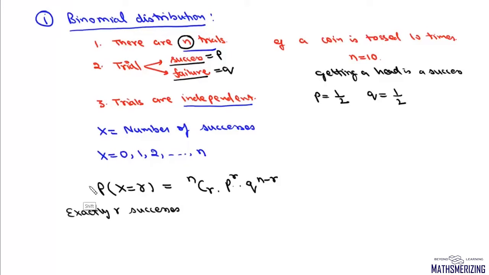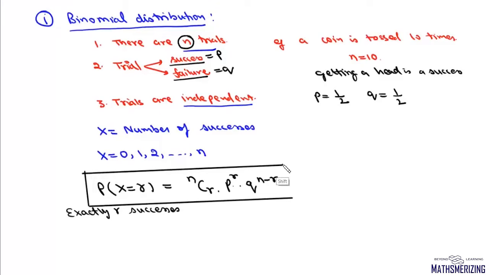So in the case of a binomial distribution, the probability of exactly r successes is given by nCr p to the power r q to the power of n minus r. This formula corresponds to the expansion of (q plus p) to the power n, which is the summation, r varies from 0 to n, nCr q to the power of n minus r into p to the power r.